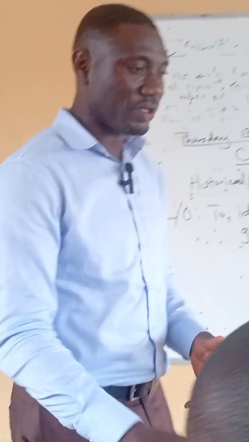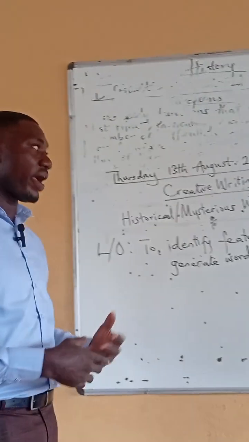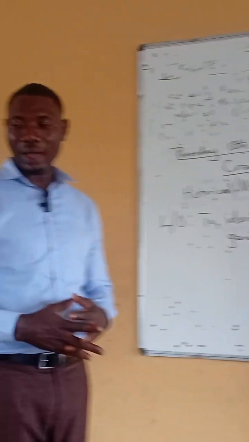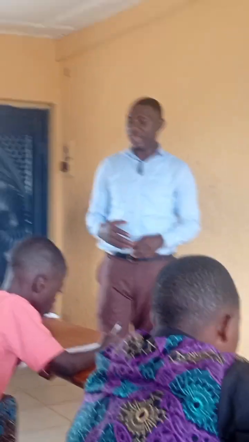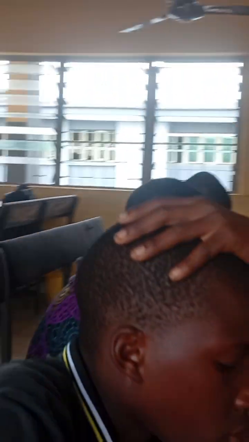Now, you have a copy of the mysterious writing, and I already told you that you have 5 minutes to go through it. When you're done, I will ask you some of the story elements, so pay attention. Some of the story elements or language devices that are being used by the writer.